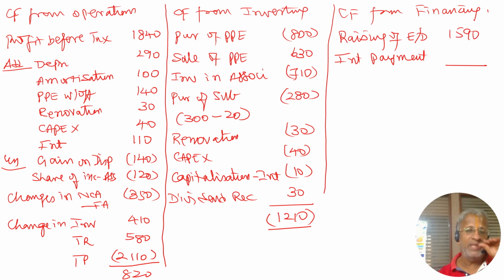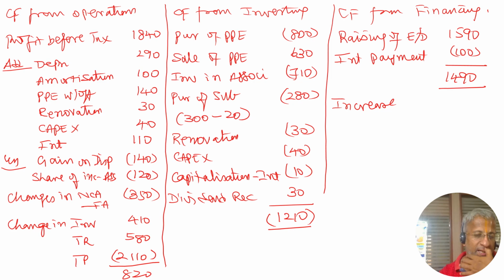Financing activity, raising of equity or the debt, 1590, this is the one that I was explaining, and interest payment to the extent of 100, because I told you 110 has got to be divided into 2, and 1490 is the net cash inflow.